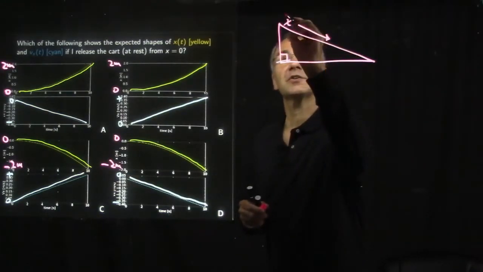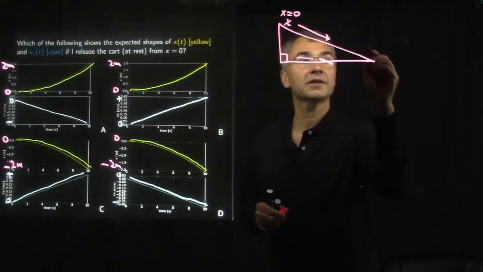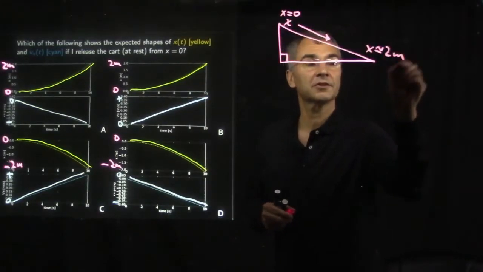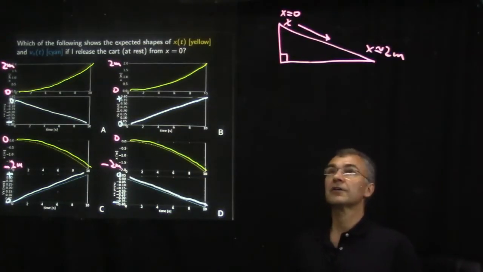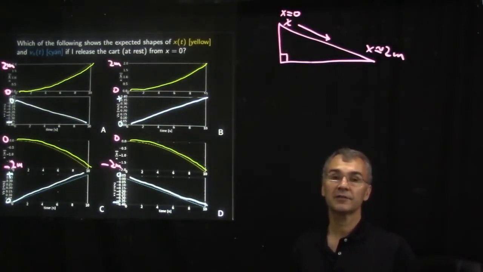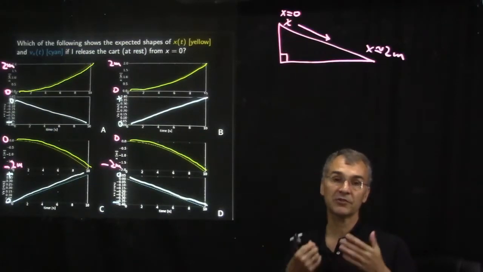So this is x equals 0, and this is x around 2 meters. So if you look at that picture of the cart released from the top, so it's released from x equals 0, and it's released at rest.